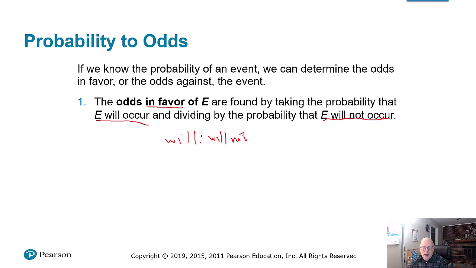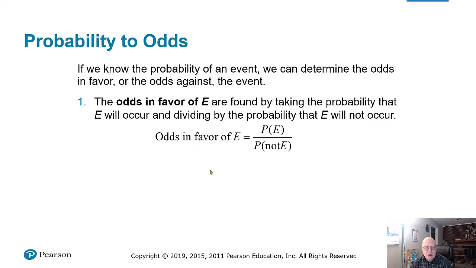And the other way of writing this would be you could make this into a fraction, something like that. And let me clear that. It's getting a little messy. There we go. This is the odds in favor of E.